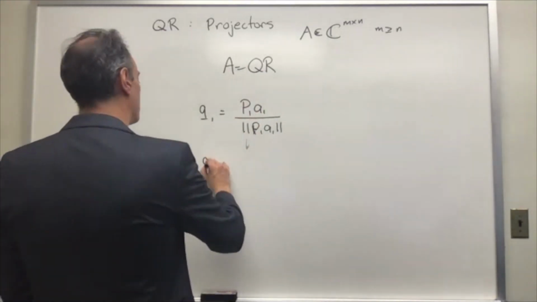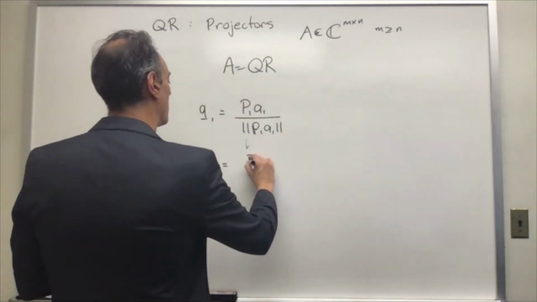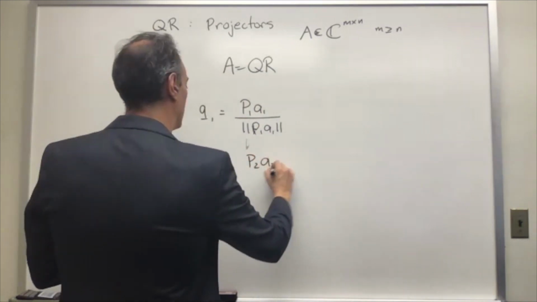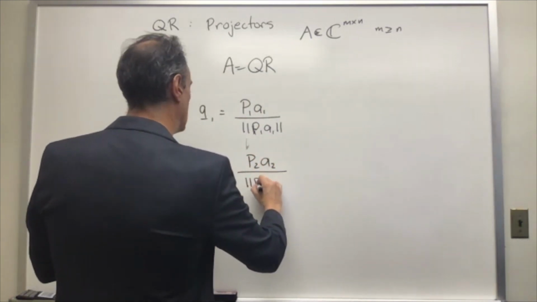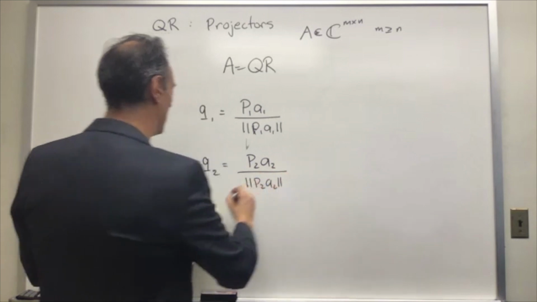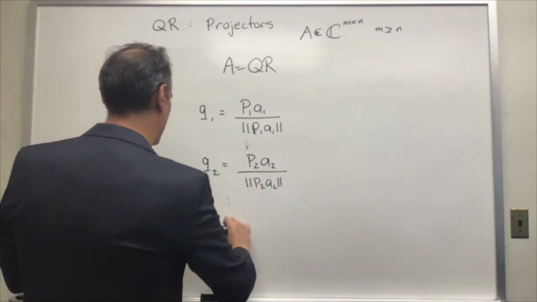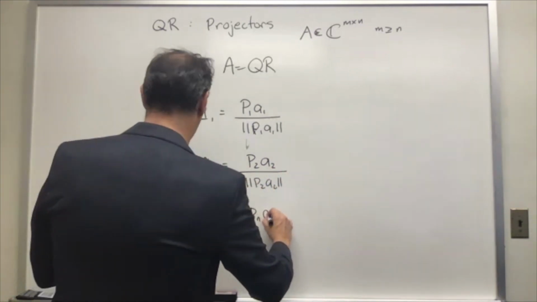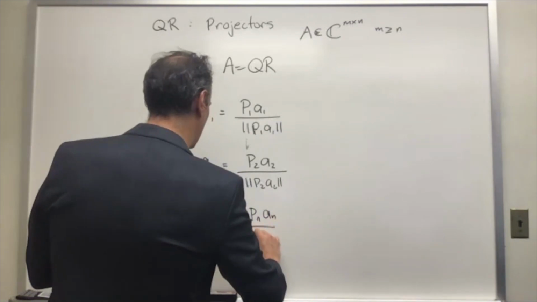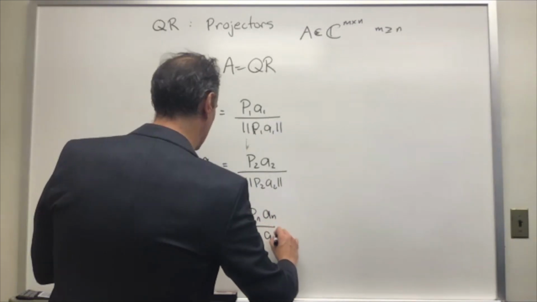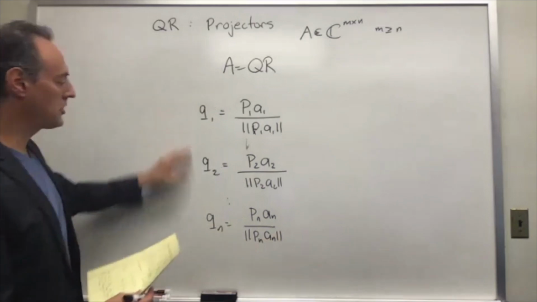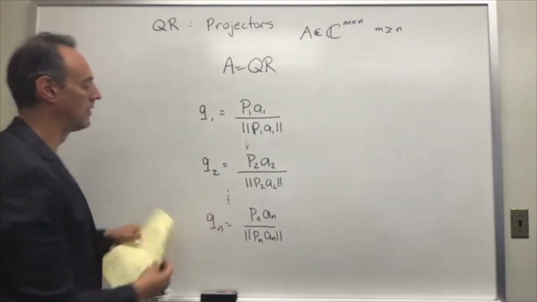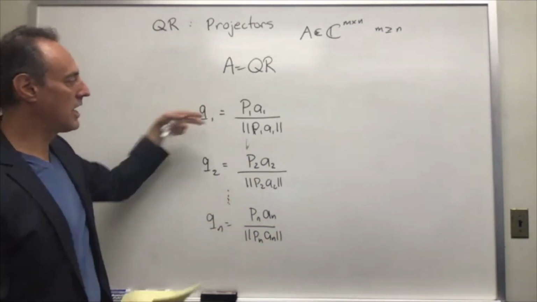But now, as you proceed, Q2 is equal to the projector, and all the way to Q of n. Okay, so this is the algorithm. You project into the A1 direction.